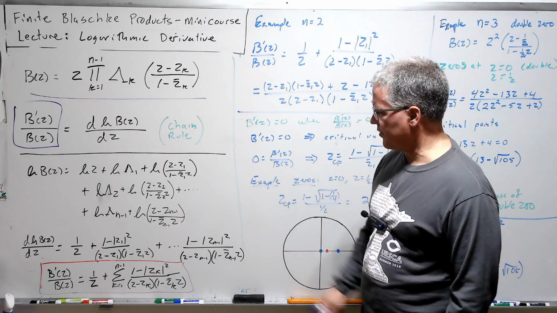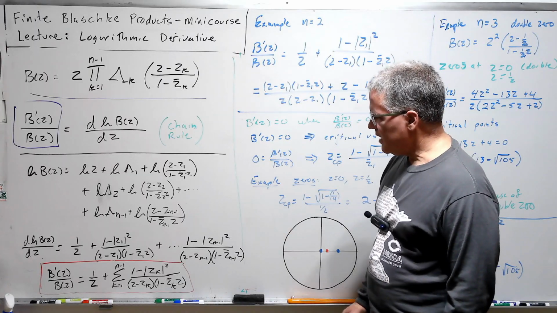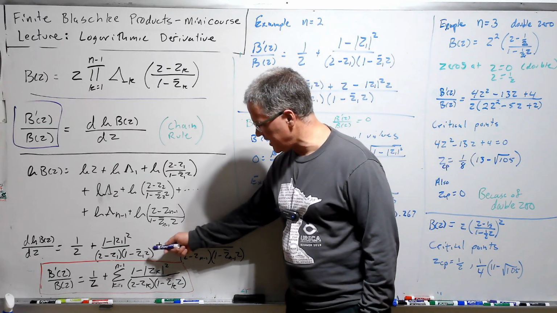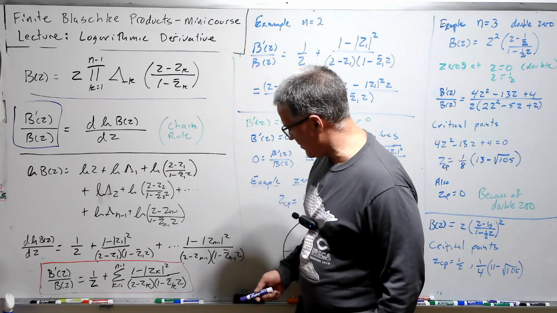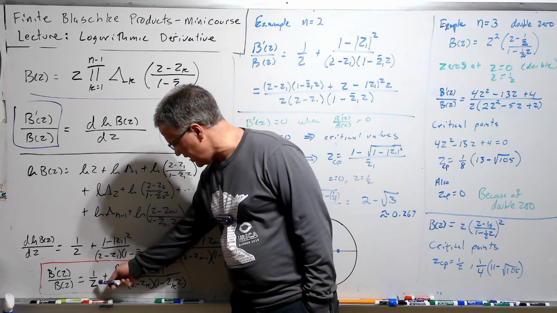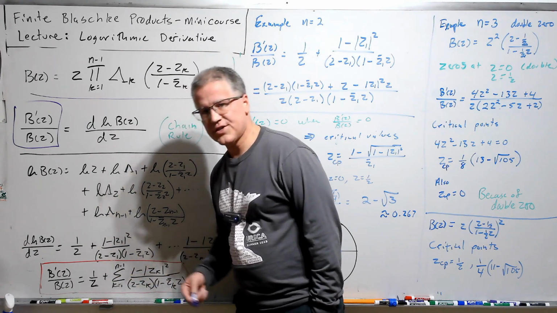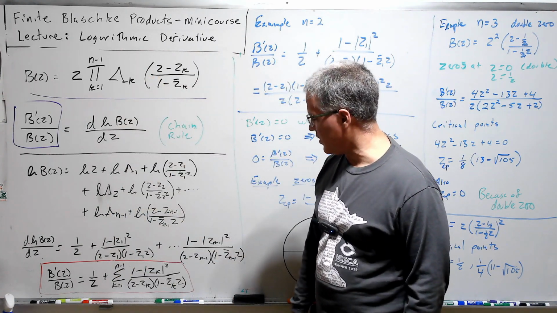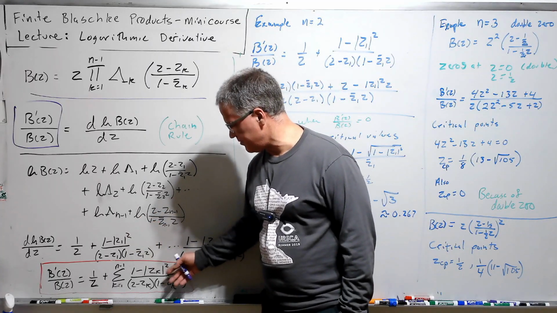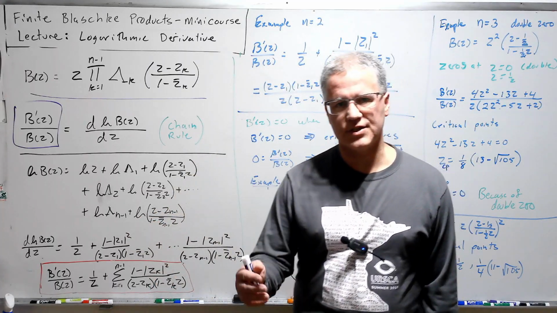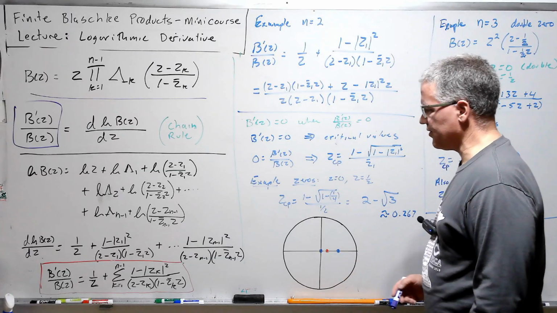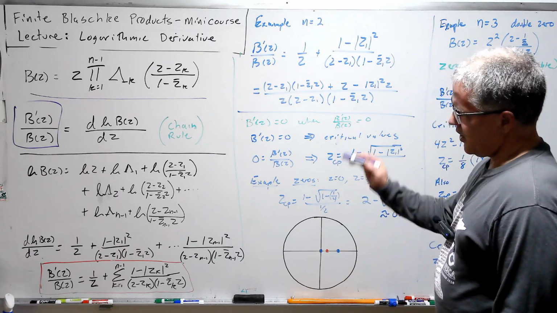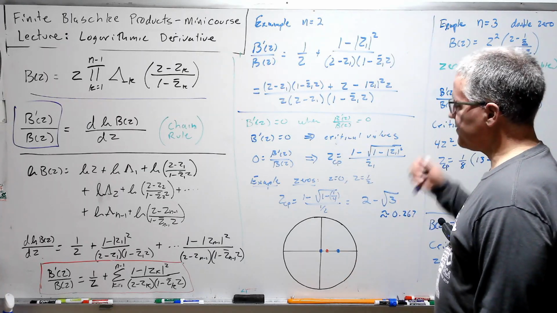So this is how the derivative works out. Now we can write this succinctly as a summation. So we have 1 over z that we pull up front, and then we have the sum from, again, k from 1 to n minus 1, collecting all these terms here, and then just replacing the zeros with the k-th zero. Okay, so that's our logarithmic derivative.